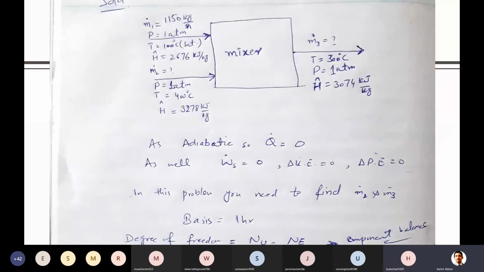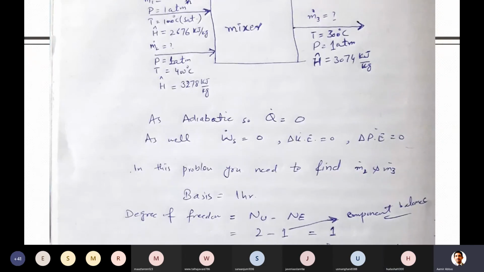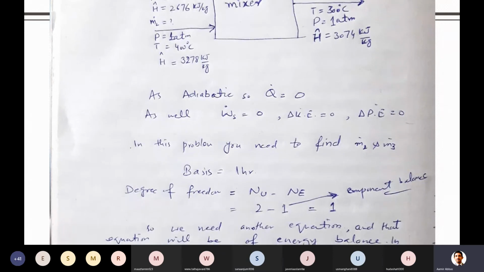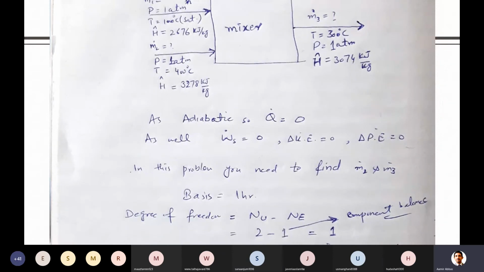2. Sir, 2. What are those 2 equations? Component, another one.